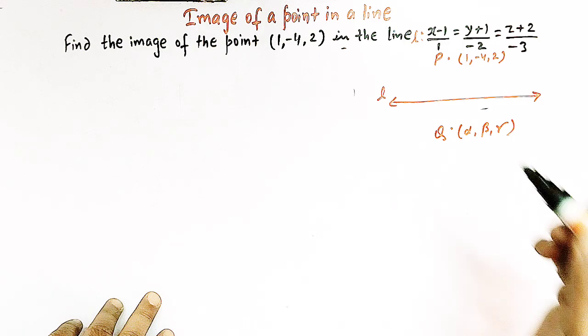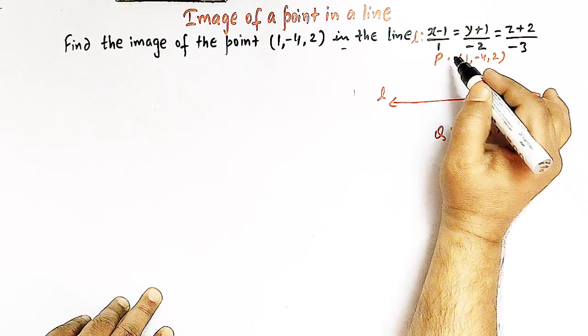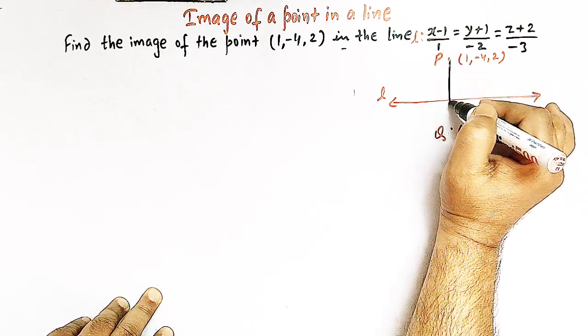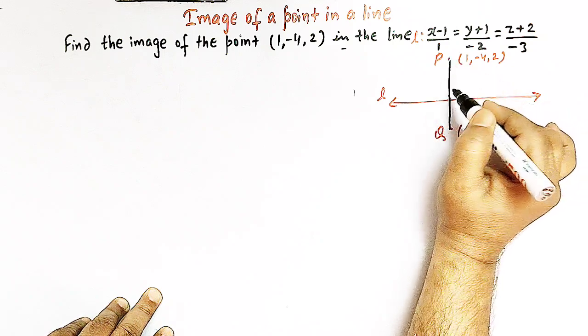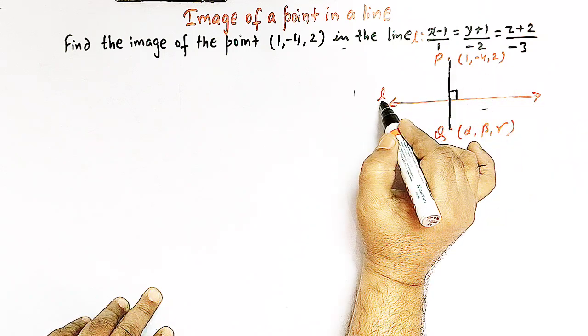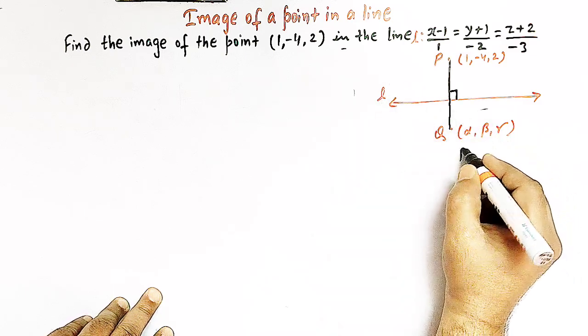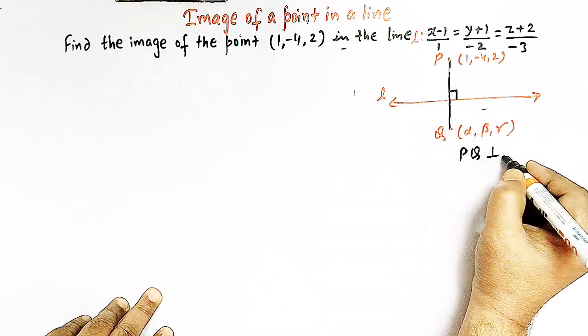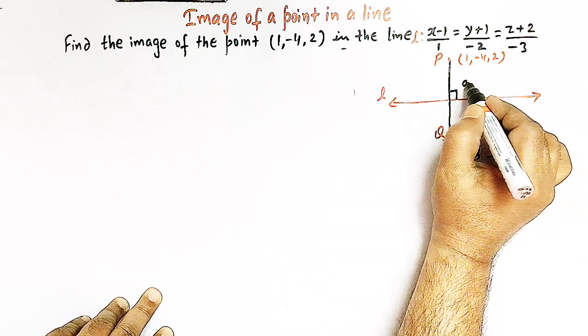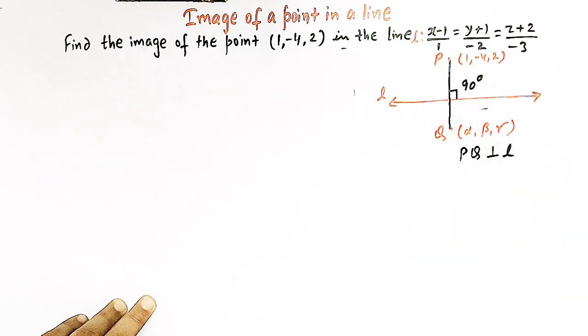Now if we join these 2 points like this, then this line is perpendicular to the given line L. So PQ is perpendicular to L. So here we have 90 degrees, right?